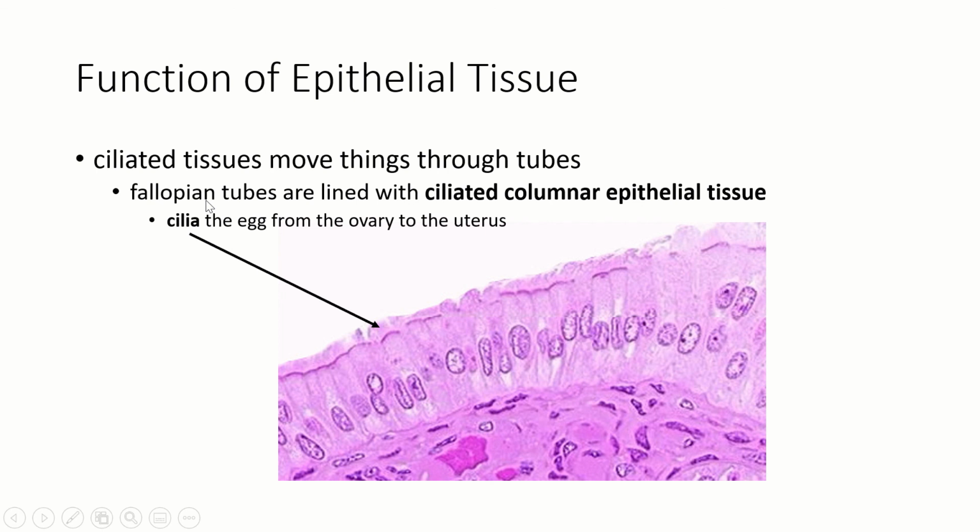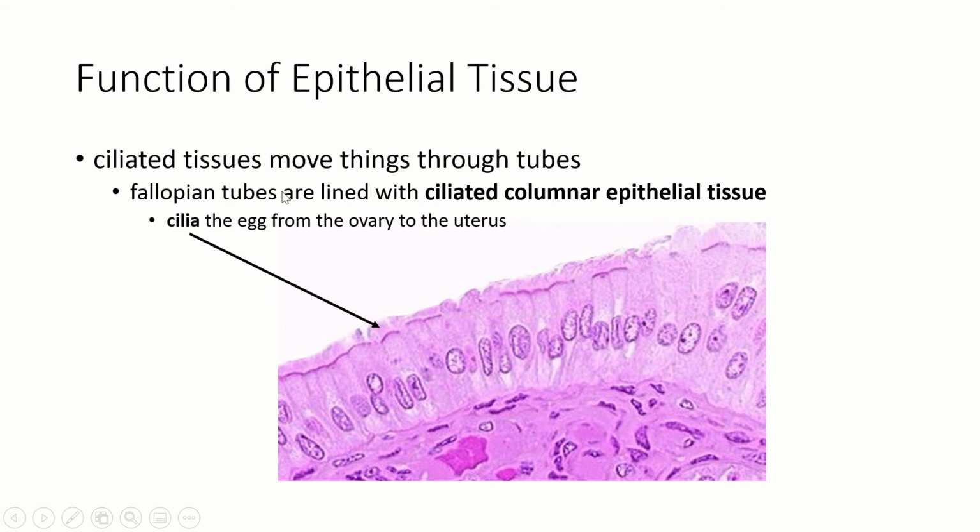Some columnar epithelial cells have cilia. Remember cilia from our chapter on the cell. They're little projections that move in waves. And this is really important in parts where something needs to be moved through a tube.